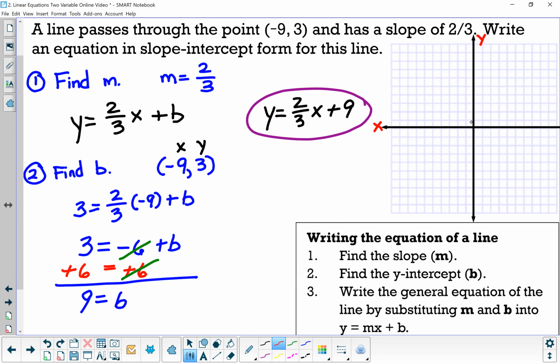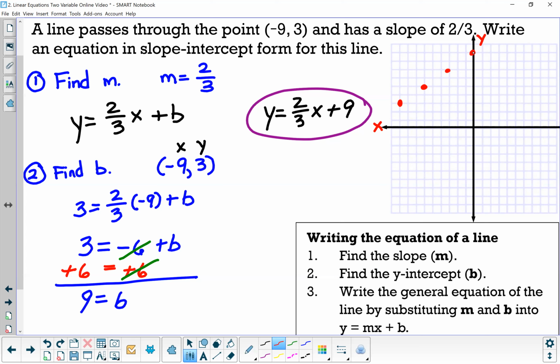I'm going to go by 1, so go -9, so that's left 9, and then up 3. And it said the slope is 2/3. So that means I'm going up 2 and right 3, up 2 and right 3, up 2 and right 3. And what do you know?